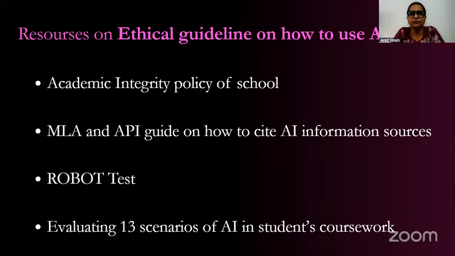Third, the ROBOT test. Some of you must have already used the CRAAP or CAP test for secondary sources of information when students are doing their reports in MYP or DP. So there is a ROBOT test for AI generated information sources, which we will look into in detail in the next few slides. Fourth, evaluating 13 scenarios of AI in students' coursework. This is also a very important guideline which IB has given to us.